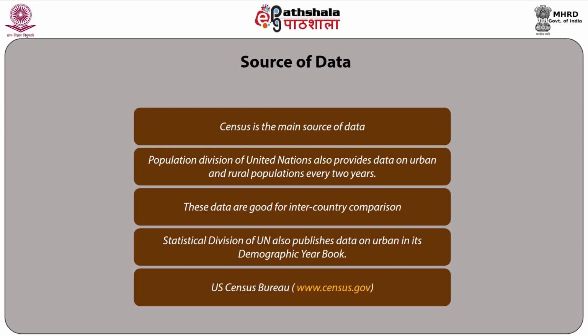This publication is known as World Urbanization Prospects and it is published every 2 years. Hard copies are available and soft copies one can download from the Population Division of the United Nations. These data are very good for comparison.